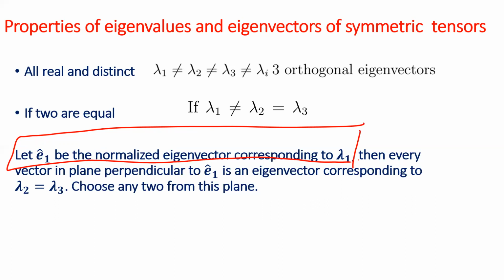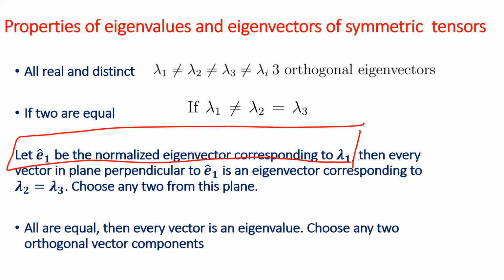Choose any two vectors which are preferably perpendicular to each other. All right. Sometimes, if you get a perfect cube, then all three roots will be equal, which means every vector is an eigenvector. So then choose any two orthogonal vectors, and that will essentially become your eigenvectors.